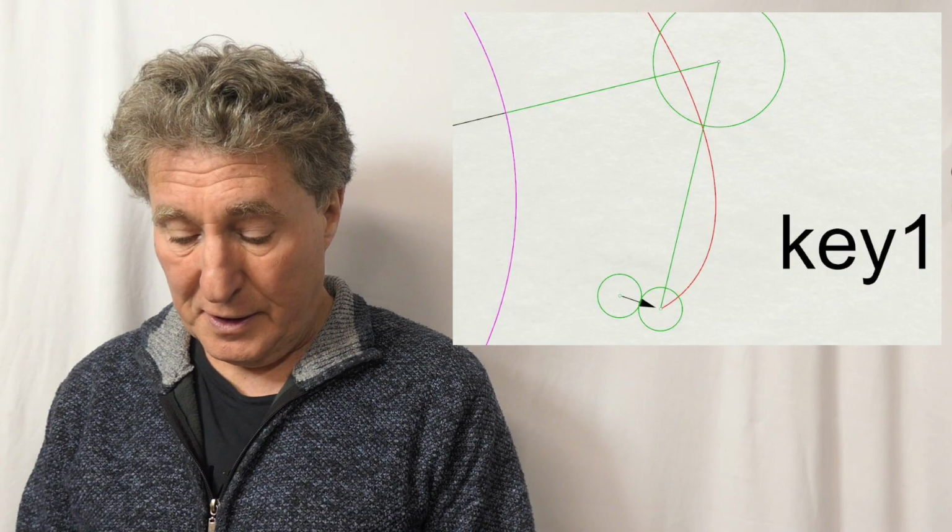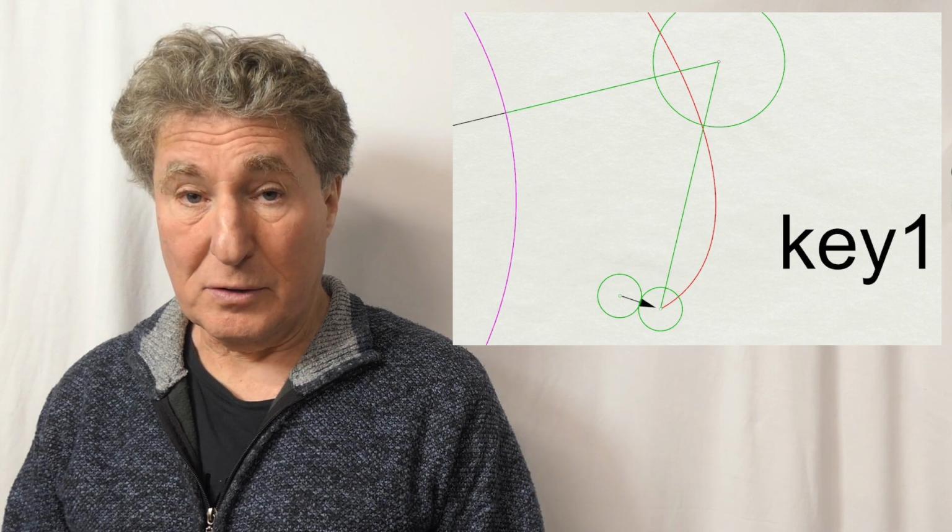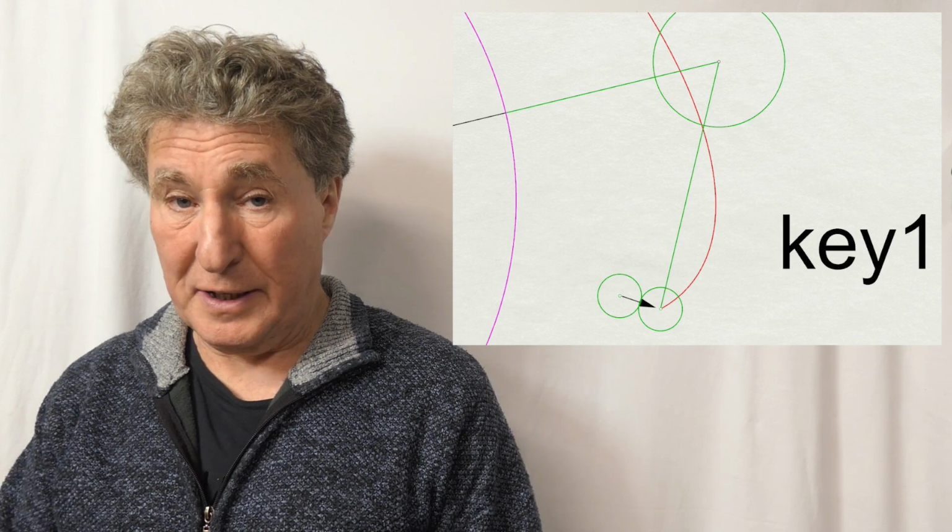In a close-up, you can see the movement of key number 1, and that movement will also change the position of the bridge link. Now it's rotating, so where can it go to?